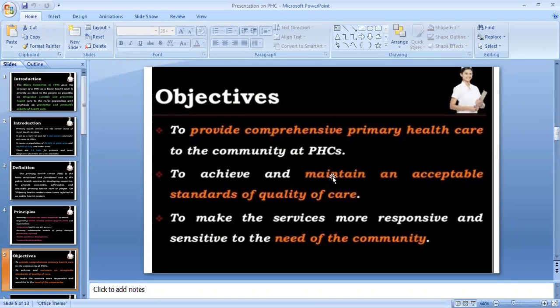Next is to achieve and maintain an acceptable standard of quality of care. Acceptable standard means, remember, in healthcare we don't have things like this Hindu people can do, this Christian cannot do, or these people can, like discrimination. There is a certain standard which everybody has to follow. When protocols came, it's equal for everybody.